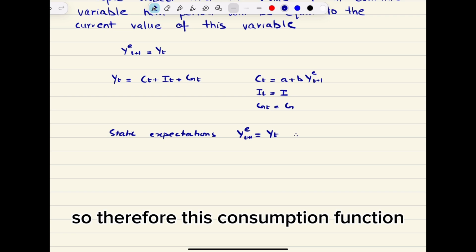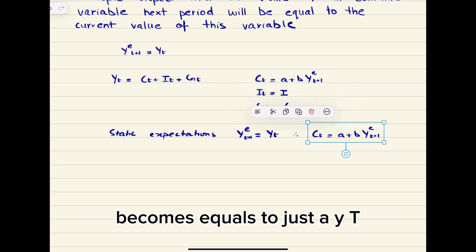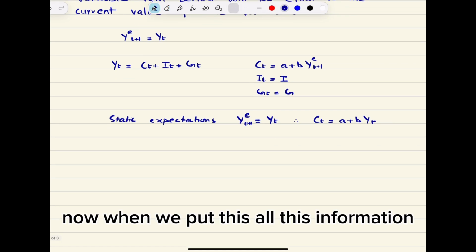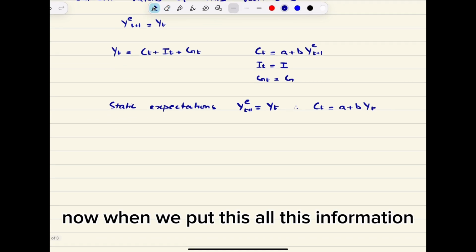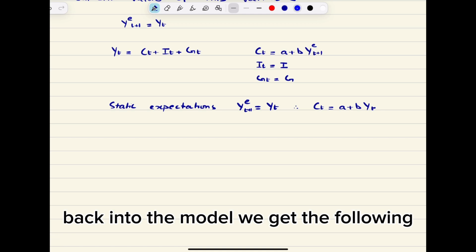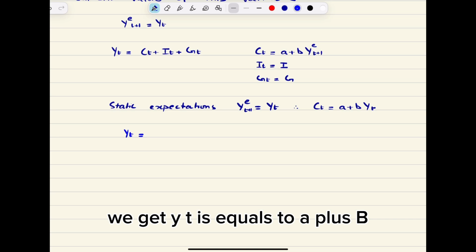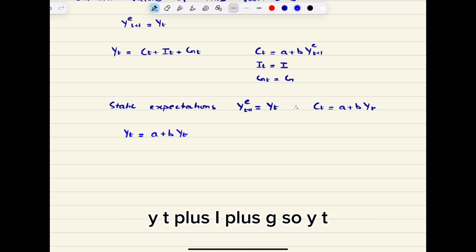So therefore, this consumption function becomes just a plus b yt. Now when we put all this information back into the model, we get the following. We get yt is equal to a plus b yt plus I plus g.